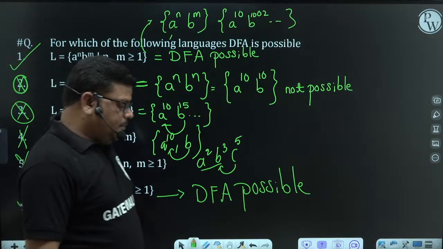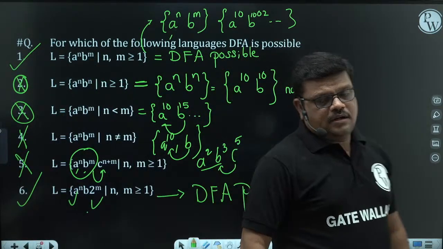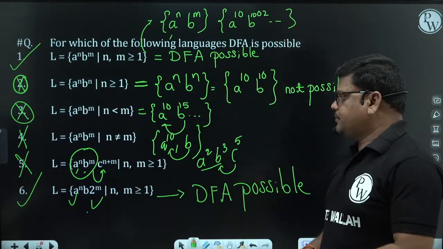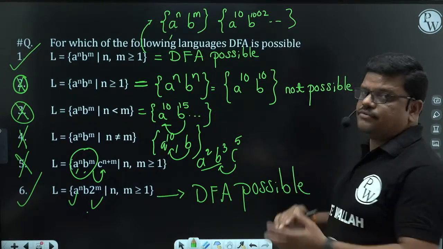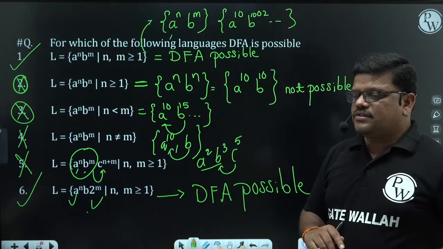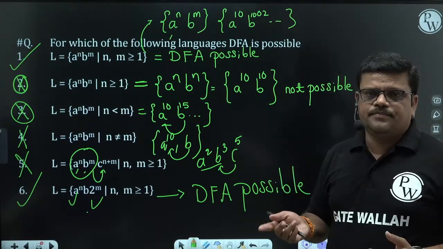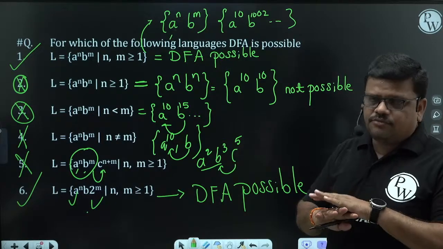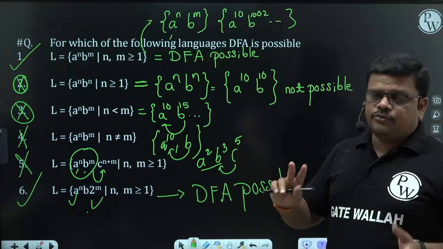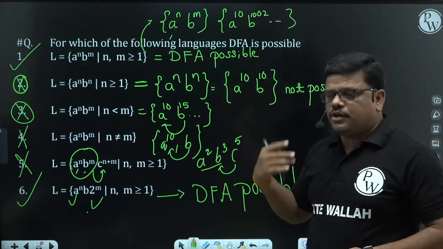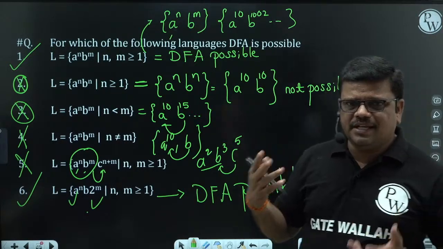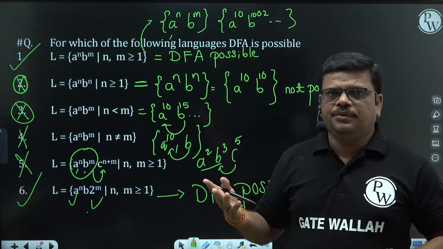Before you start constructing your DFA, don't construct directly, because there are so many situations. There are some languages DFA cannot recognize, because we have other, more powerful automata: push down automata. What is the reason for push down automata?